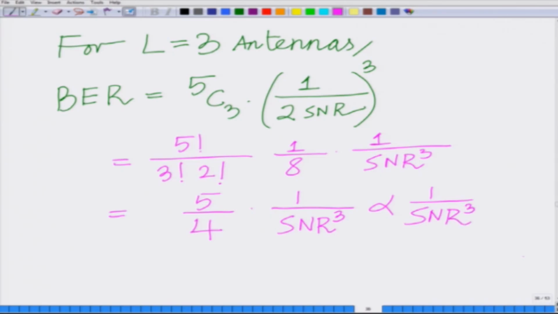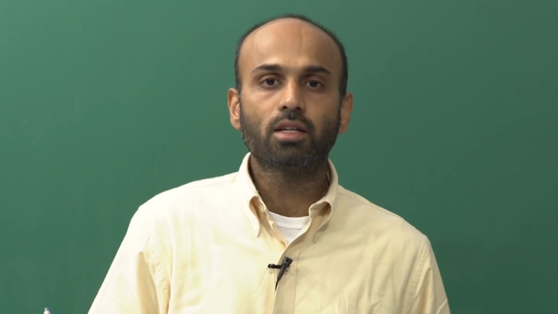So, for L equal to 1, the bit error rate is decreasing as 1 over SNR. For L equal to 2, it is decreasing as 1 over SNR square. For L equal to 3, it is decreasing as 1 over SNR cube. And therefore, we can see that as the number of receive antennas is increasing, the bit error rate is decreasing faster and faster.